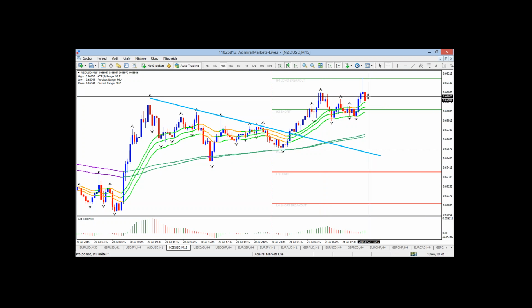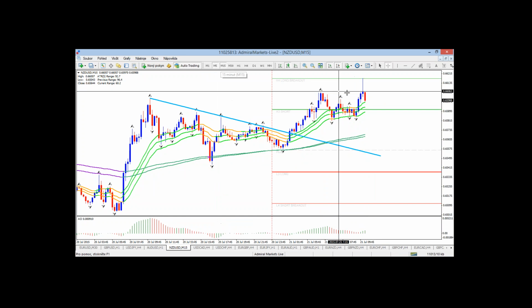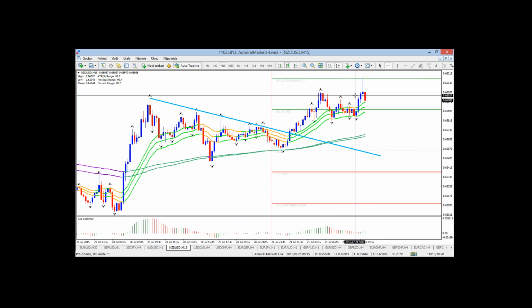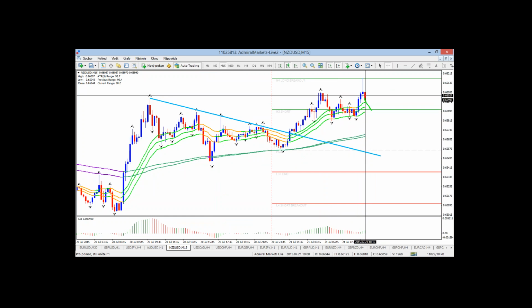Let's see. I would need to see a 15-minute chart probably. I would like to see a failure here, a move up, because it's going to make a bounce somewhere around here, move up and perhaps show some kind of head and shoulders pattern.